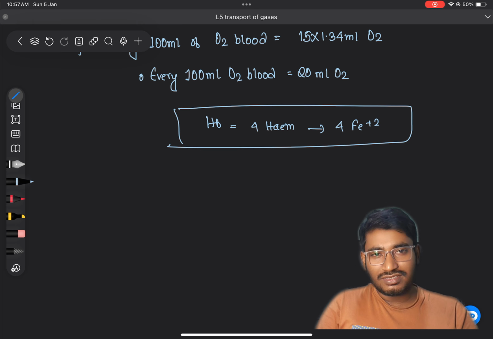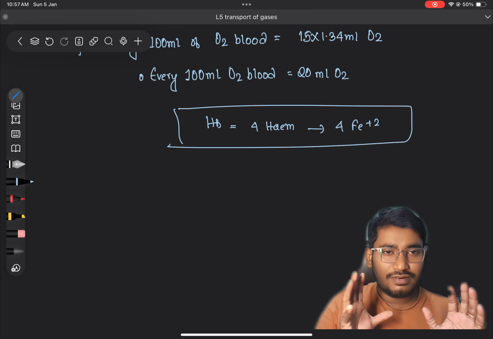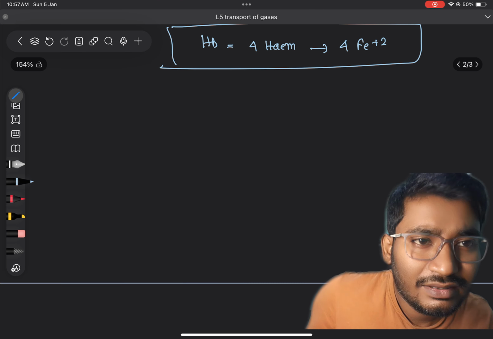So let us study the oxygen dissociation curve and understand it very easily.